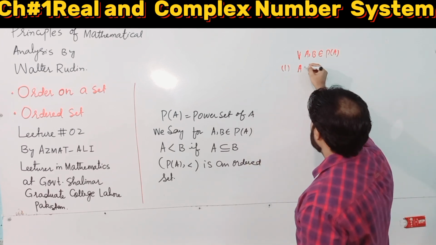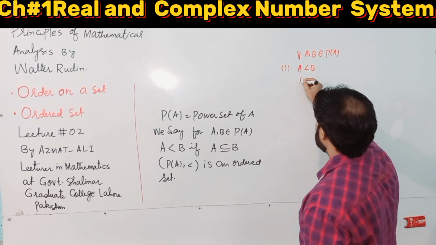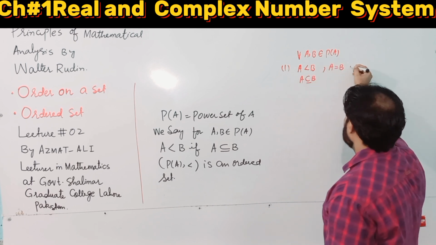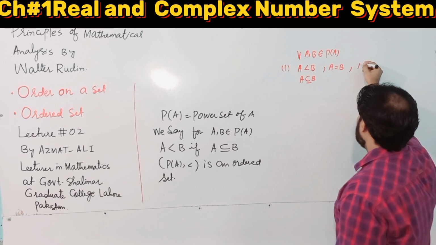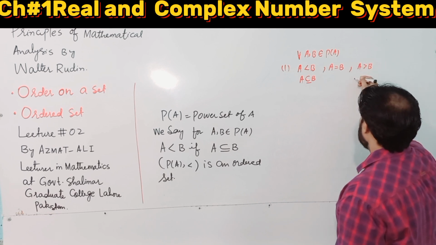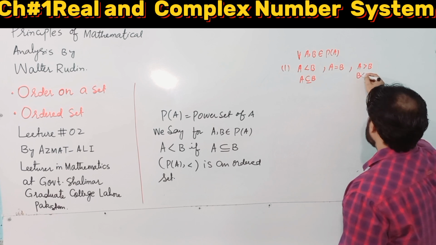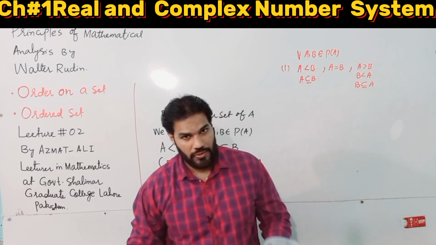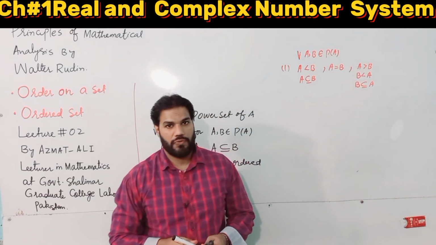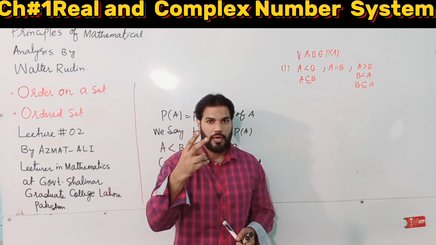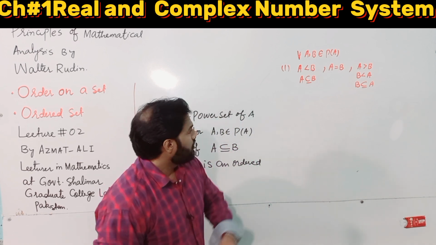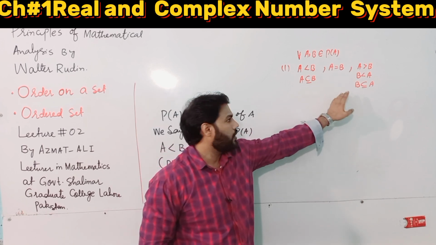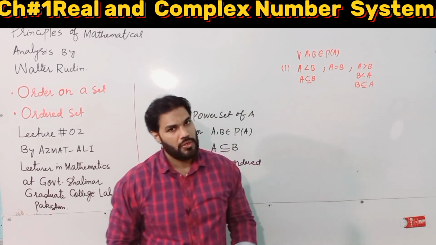First, A is less than B, it means A is a subset of B. A equal to B, and second, A is greater than B, in other words, B is less than A, that is B is a subset of A. So whenever you choose any two sets from the power set of A, there will be only one condition. Either the first set is a subset of the second, or both sets are equal, or the second set is a subset of the first. So the first axiom holds.